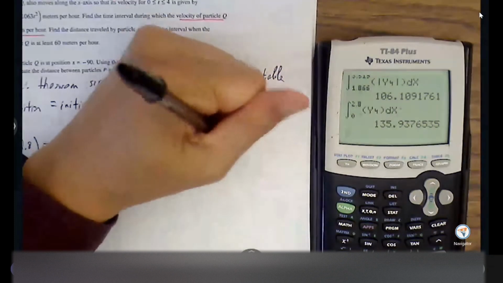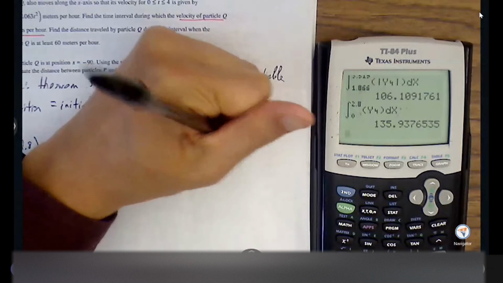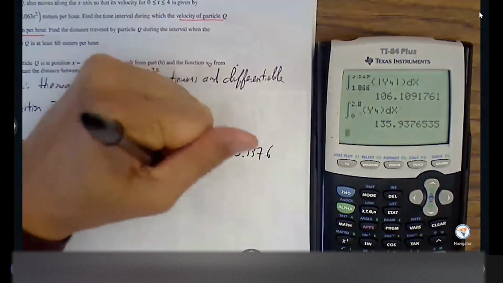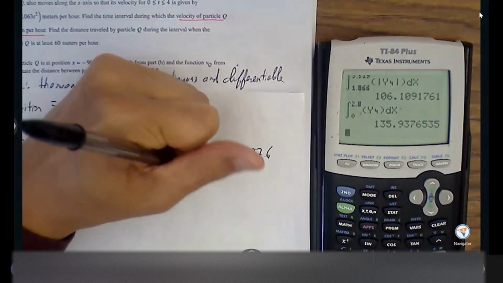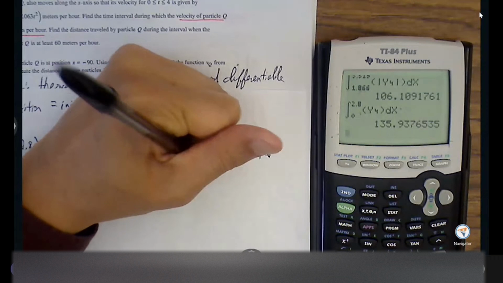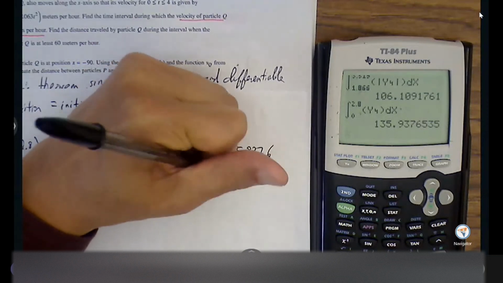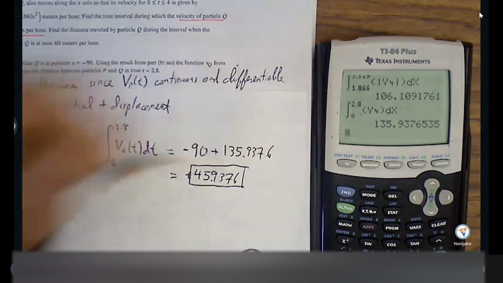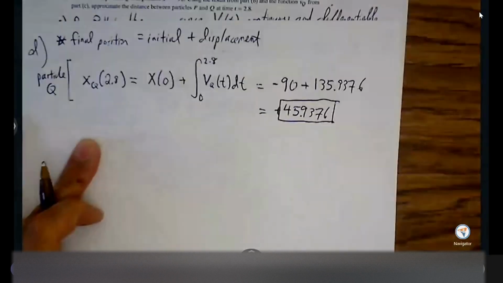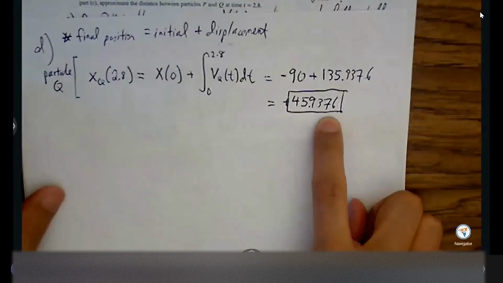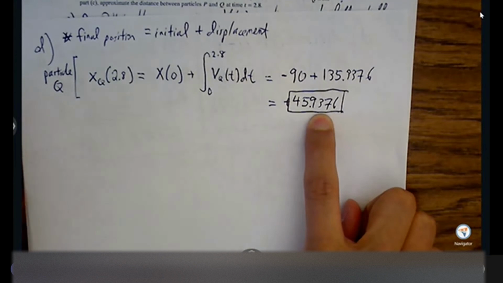Oh, sorry, positive 45. Okay, so we know that particle Q ends up at 45.93 on the x-axis.